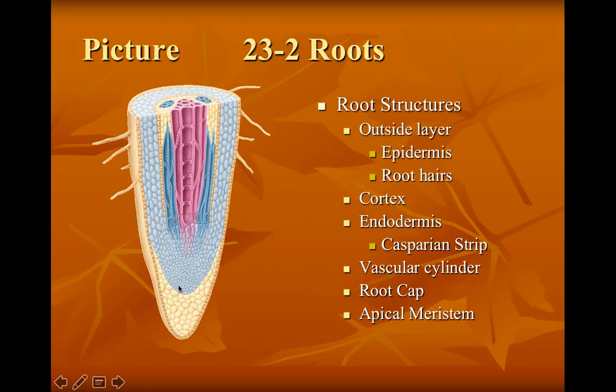There's particulate in that soil, sand, maybe tiny bits of rock, that could be damaging to this apical meristem. So this root cap acts as a protective cap for the apical meristem, so these cells don't get damaged, and the root can grow quite easily through the soil.